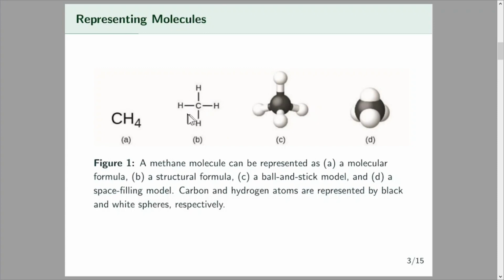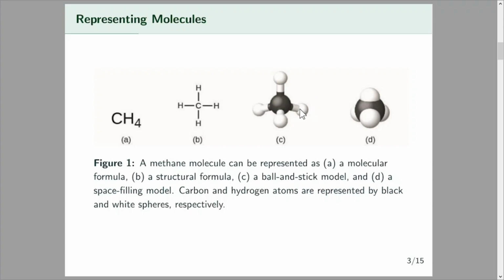You just draw the carbon with a link to each of the hydrogens. We'll get into more detail on that as we go. Here's a ball and stick formula. So this is a 2D version, right? But this is an actually 3D version. The ball and stick model gives you an indication of where the atoms actually are positioned relative to one another.